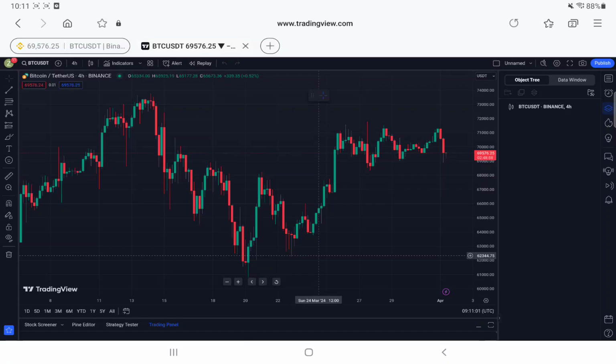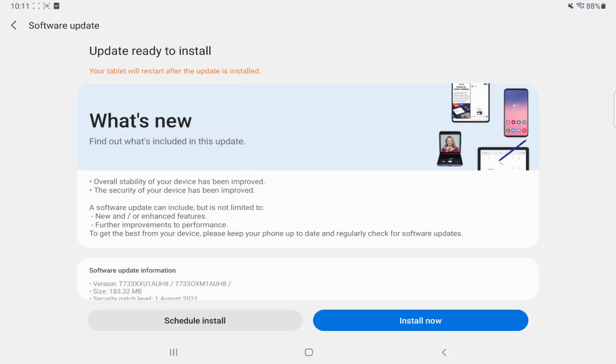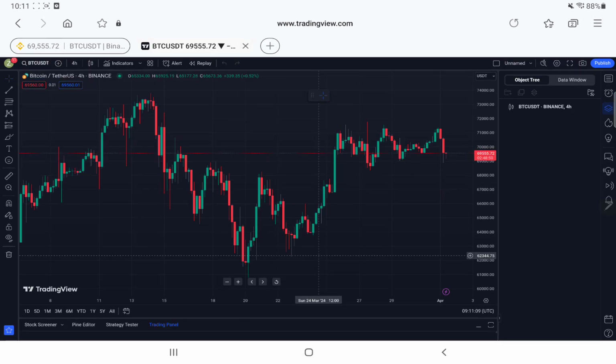And I did actually see somebody say that they want me to use more indicators. Now, it's fine to use more indicators. However, you've got to bear in mind that a lot of the indicators that you can use are obviously lagging indicators.